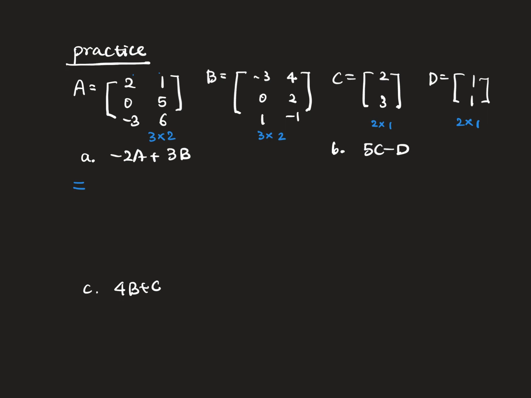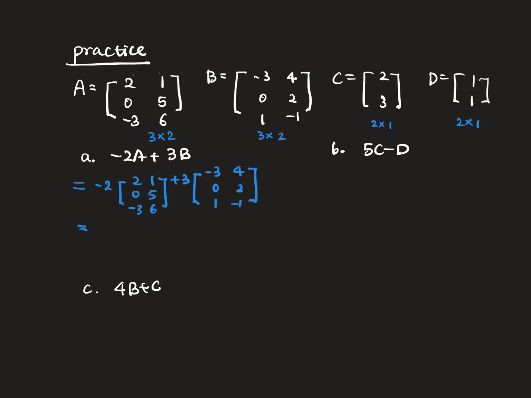You can do addition or subtraction with matrices A and B, but not A and C, guys, okay? So -2A plus B: -2 times A, 2, 1, 0, 5, -3 and 6, plus B, which is 3, -3, 4, 0, 2, 1, -1.